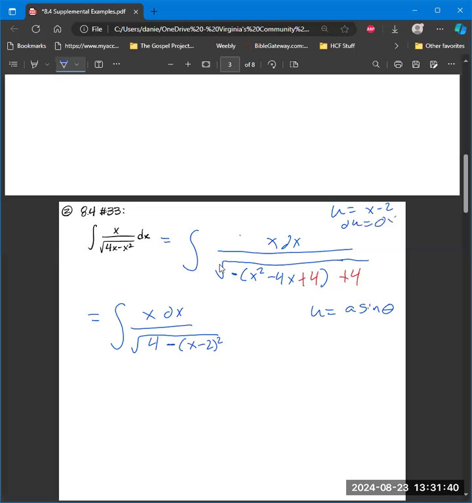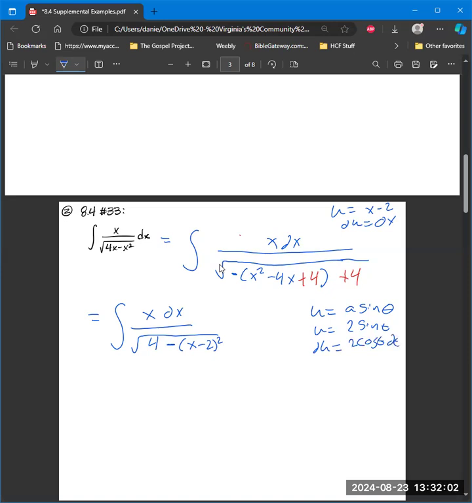du is going to be dx. So u is equal to 2 sine of theta. du is 2 cosine of theta d theta.